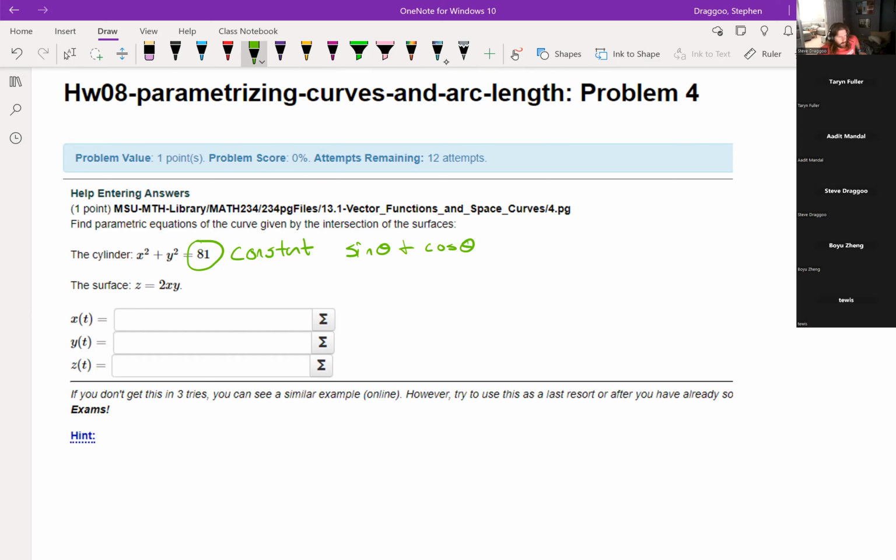So for parameterizing something that looks like a circle, we'll want to use sine and cosine. That's the easiest way, at least, to parameterize our curves.